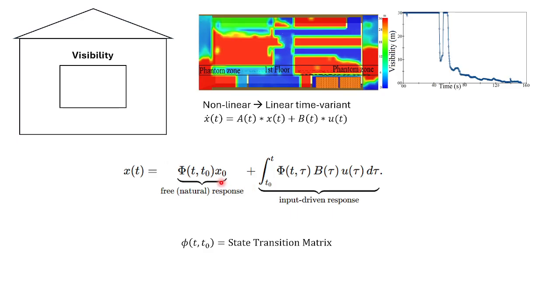So that is x0. But x0 will change over time, and we are more interested in knowing the condition of the state at time t. At t0 it was x0, but when we multiply this with the state transition matrix, the whole thing gives us x(t).